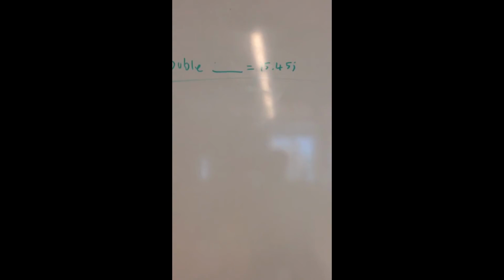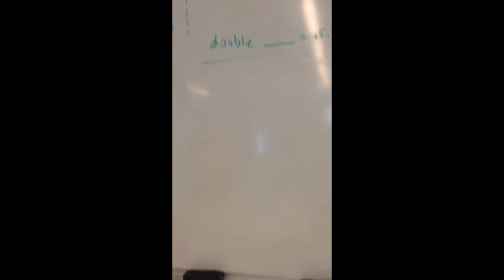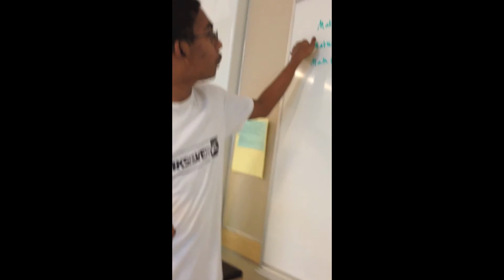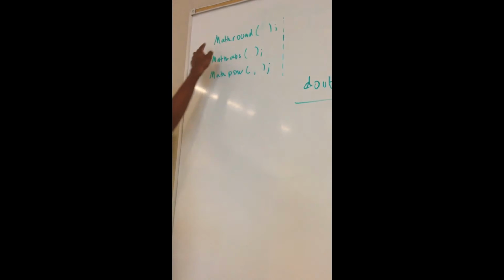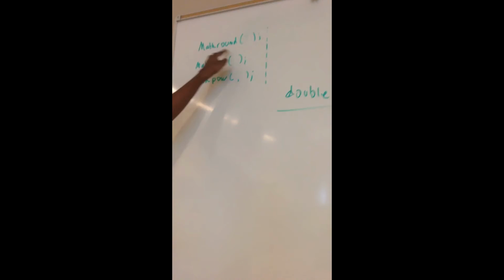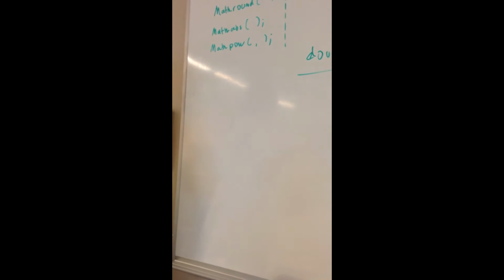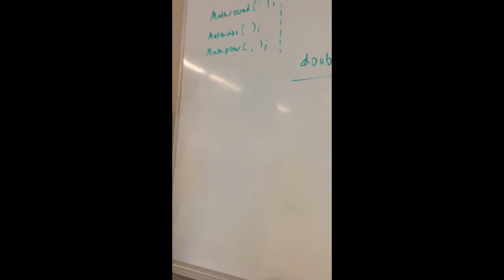Right, so you'll notice we have three methods here in the Math class. This is one thing you might want to pay attention to: Java does not round. We do integer division, so it always rounds down. If you want it to round correctly, you must use the function Math.round.